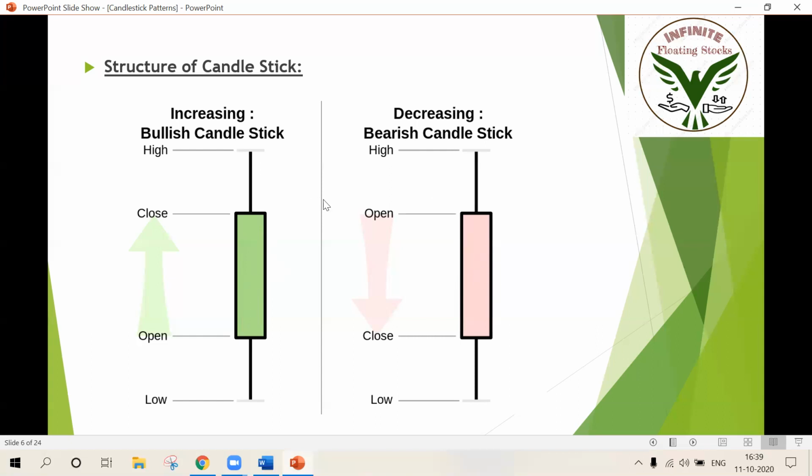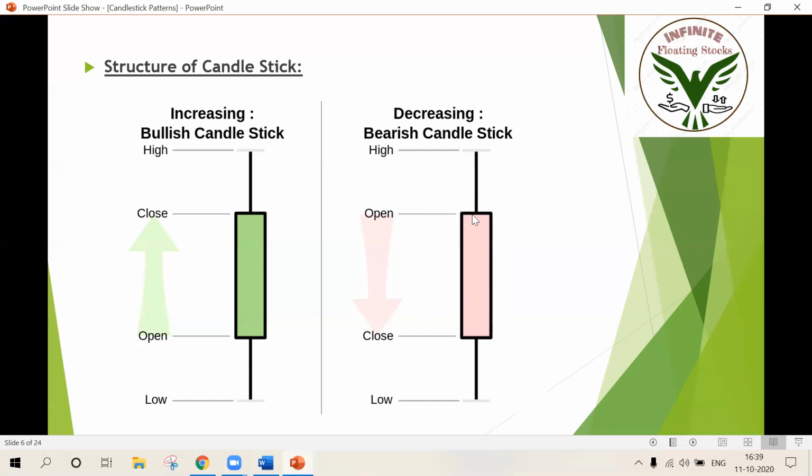Okay, I'll explain the same scenario for a red candle. The red candle's open will be at the top.